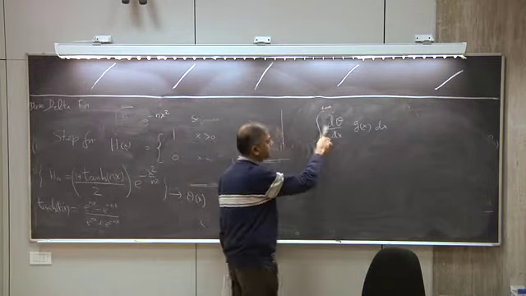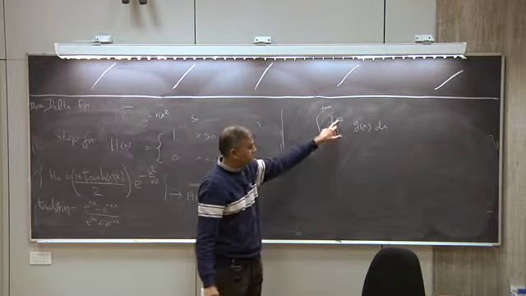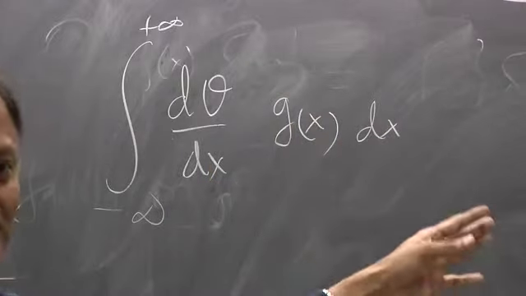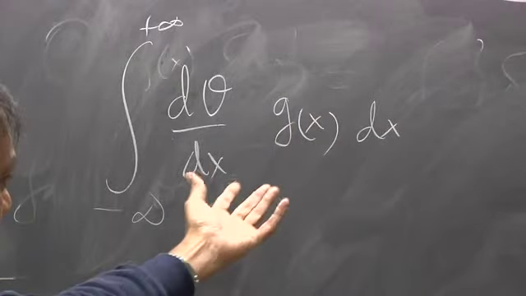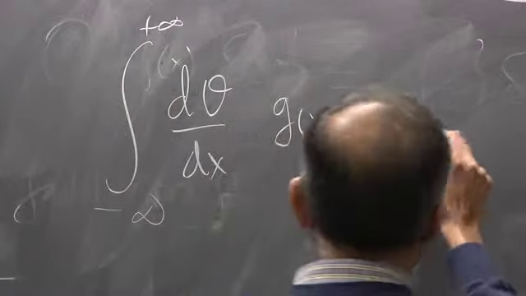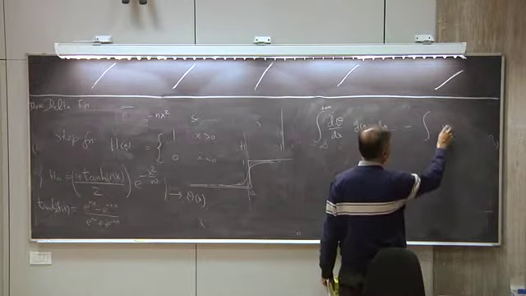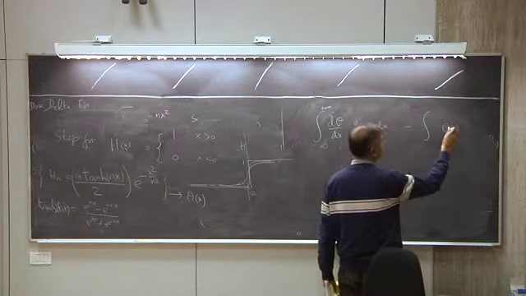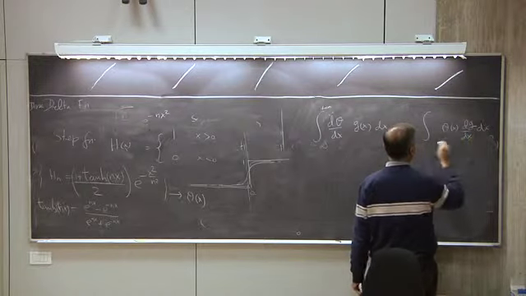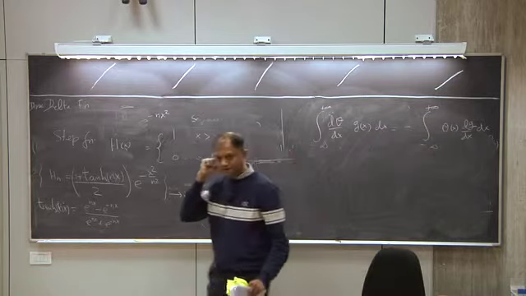We proved that first, the derivative of a generalized function exists, and secondly, it satisfies the usual properties of integration by parts. So that's the same as minus the integral of theta of x times dg by dx.